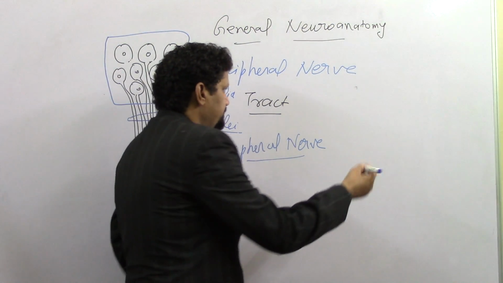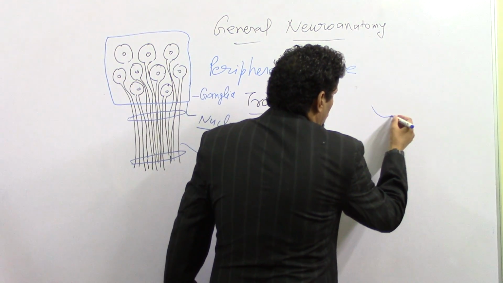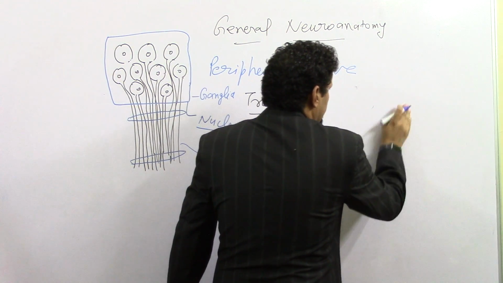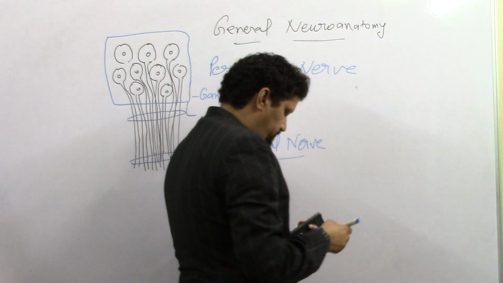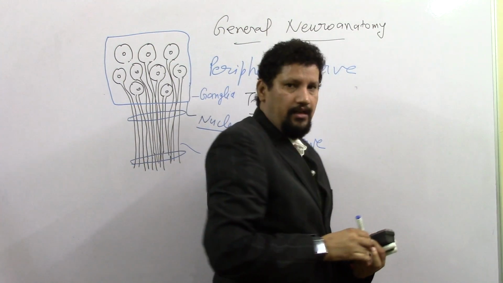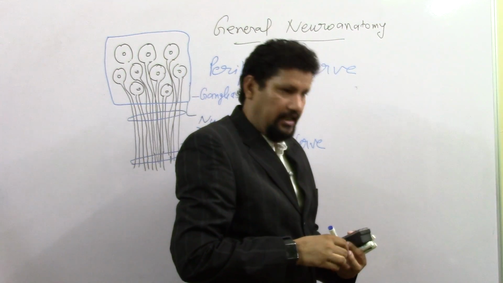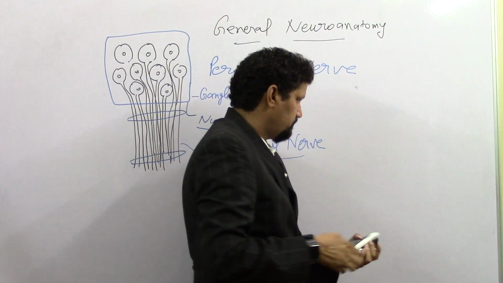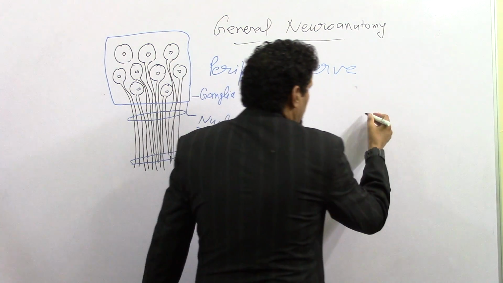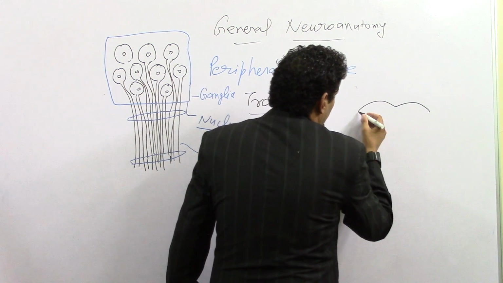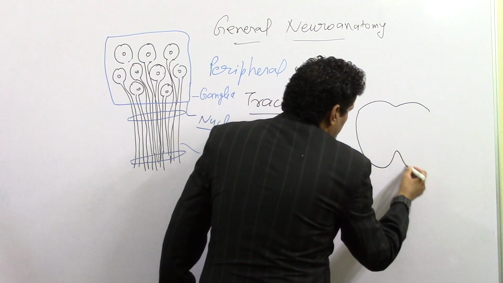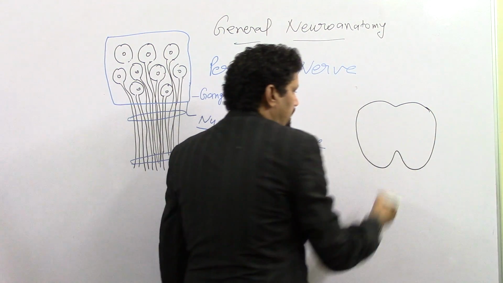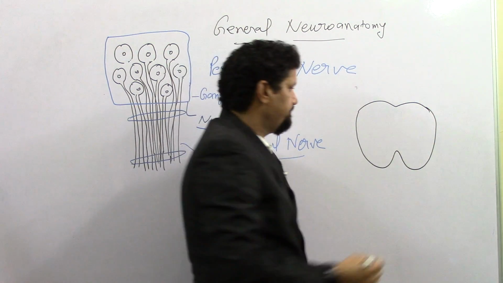For example, in the spinal cord, when we see the transverse section of the spinal cord, we will see multiple tracts or collections of axons. Here is a section of spinal cord having posterior median sulcus and anterior median fissure.